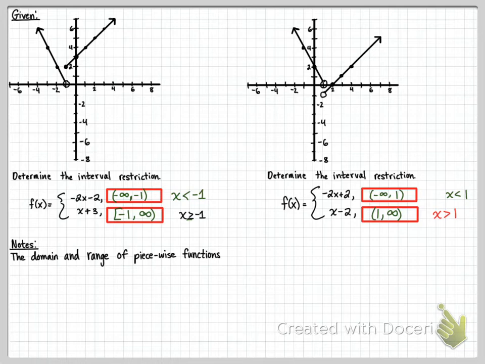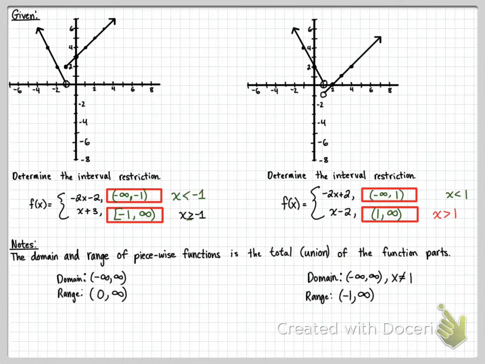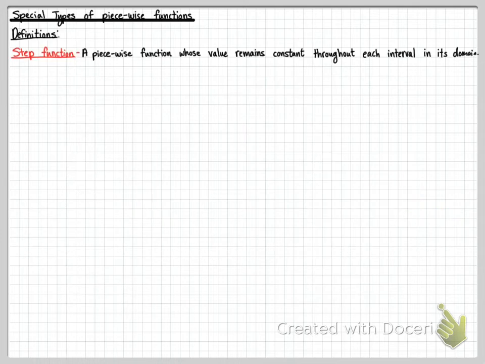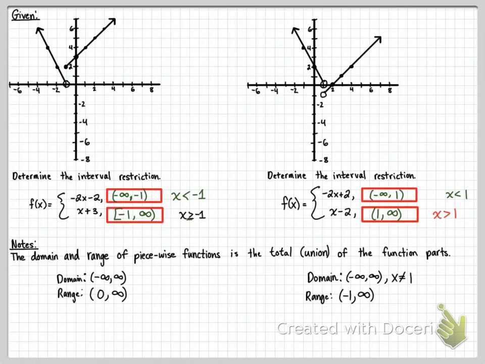The domain and range of the piecewise functions is the total, or union, of the function parts. So the domain is negative infinity to infinity, and the range is 0 to infinity. This is why. So from negative infinity, when we get to this point, we can jump up to this next piece because it's a closed circle and keep going.